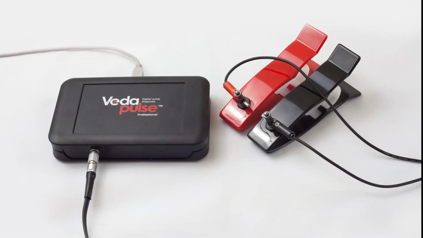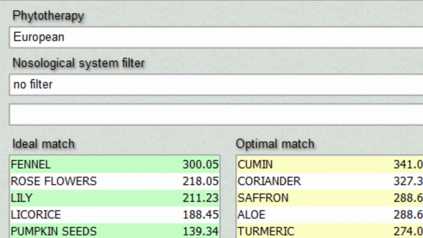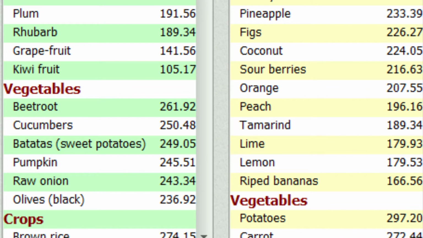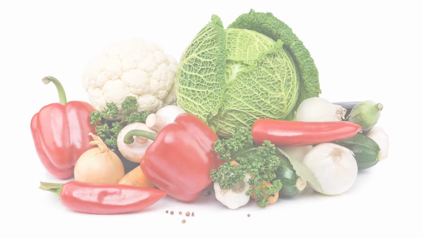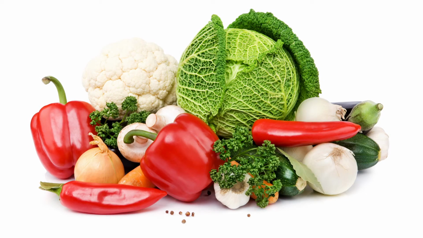Besides evaluation of the functional health status, our hardware and software kit is also intended for generating individual recommendations for phyto, aroma, and nutritional therapy, as well as selecting food supplements of various types. Let's sum up. Who is VedaPulse designed for?